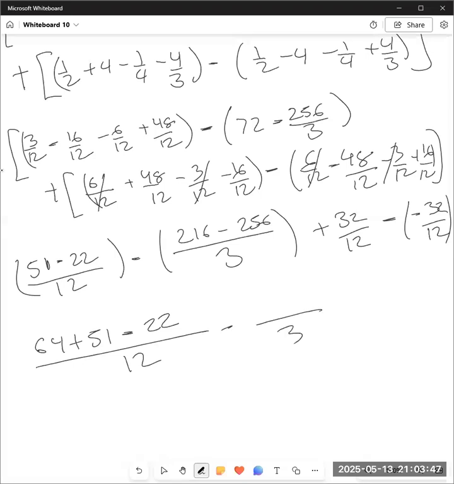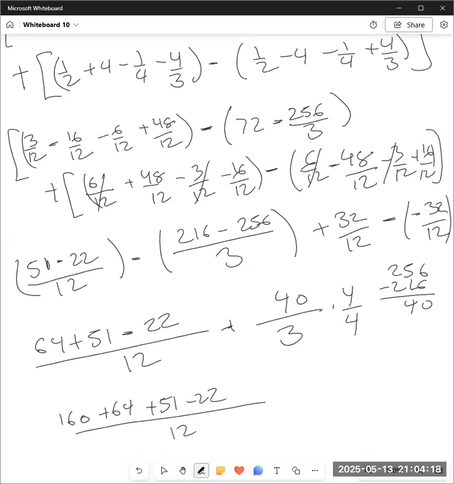minus, and then this is going to be a negative, that's 256 minus 216 is 40. It's going to be plus 40/3. When I multiply that by 4/4 to get a denominator of 12, it's going to be 160 plus 64 plus 51 minus 22/12.